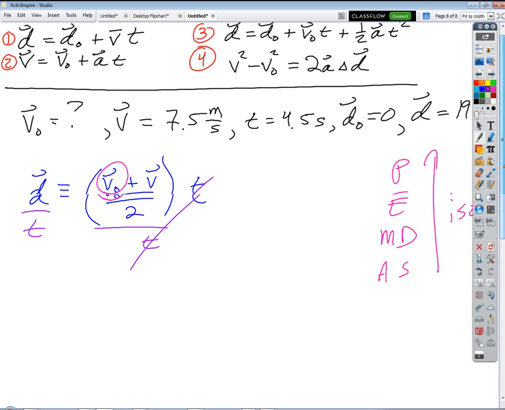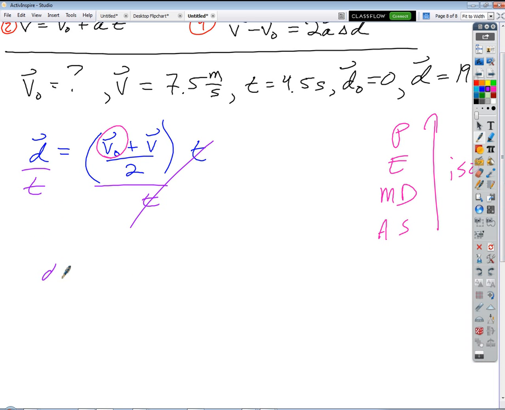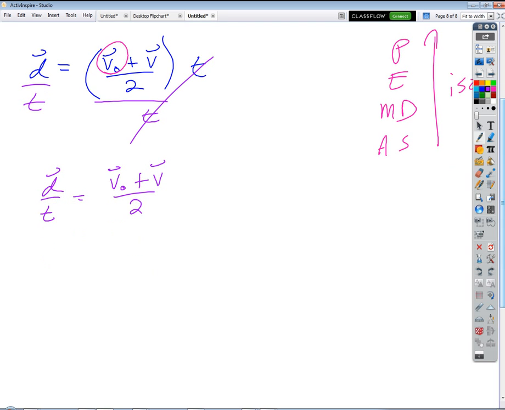So at that point, let me write this down. We've got d over t equals v naught plus V over 2. So now, on this side, if we're trying to isolate v naught, what's the next thing? Multiply by 2, and then subtract V. Good, so would you agree then, if we do all that, we're just going to get d over t times 2.